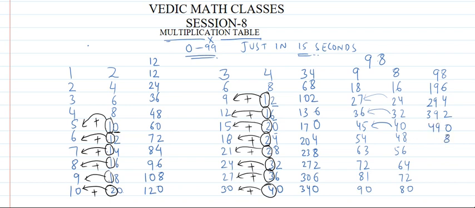This unit digit is 8 and this 4 will be added to 54, so it will be 58, giving 588. And likewise 6 and 5 added to 63, we will get 68, giving 686. Likewise here unit digit is 4, and this 6 will be added to 72, so the answer is 78, giving 784. Likewise here unit digit is 2 and this 7 will be added to 81, so here we will get 882. And likewise here unit digit is 0 and this 8 will be added to 9, so it will be 98, giving 980.